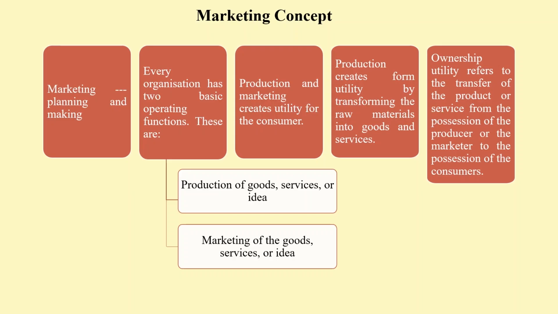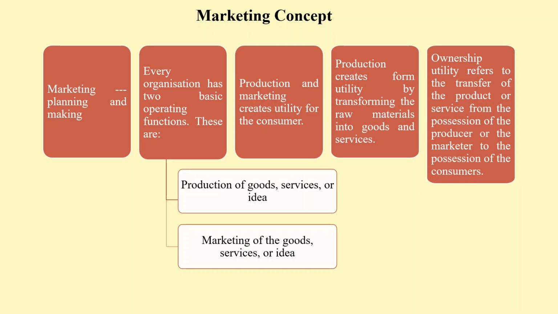Every organization has two basic operational functions: production of the goods, services or ideas, and then marketing of the goods, services or ideas. That is one: production and marketing. Production and marketing create utility for the consumer.